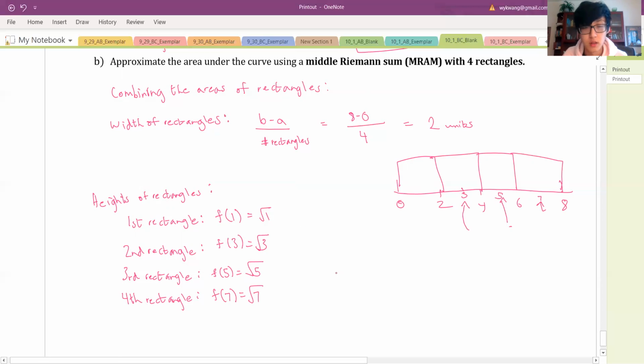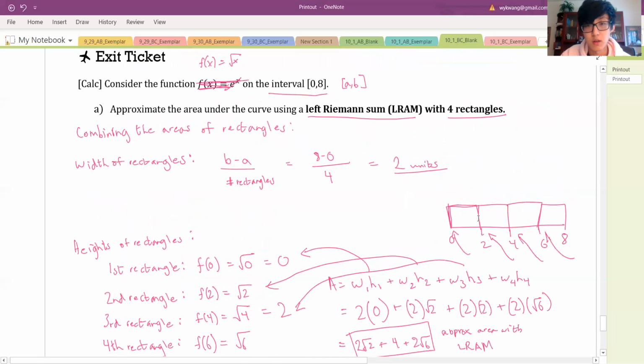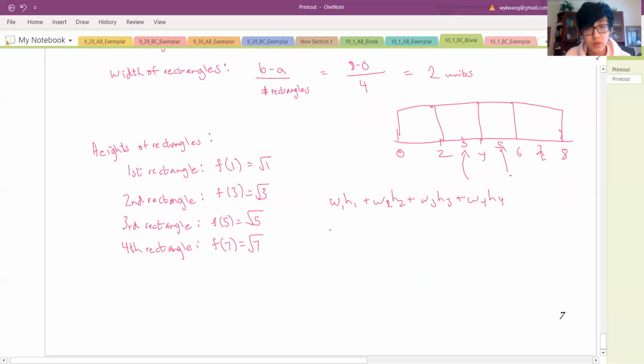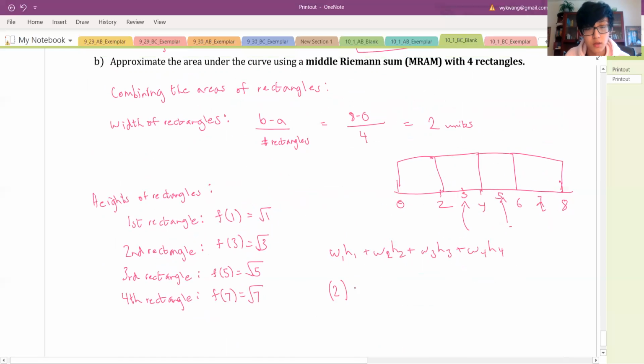Right? So now we can do width 1 times height 1 plus width 2 times height 2 plus width 3 times height 3 plus width 4 times height 4. Can I do that up here? Okay, yeah. So width 1 is 2 times height 1 is square root of 1. So that's just going to be 1.